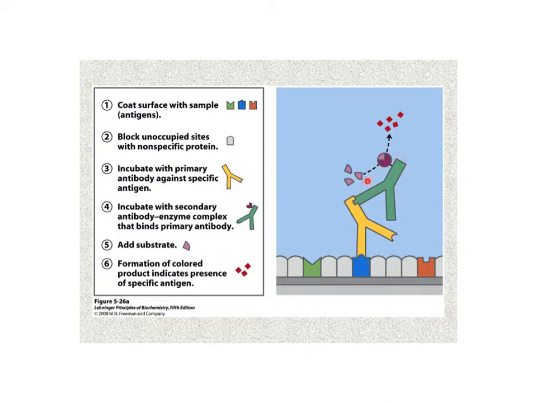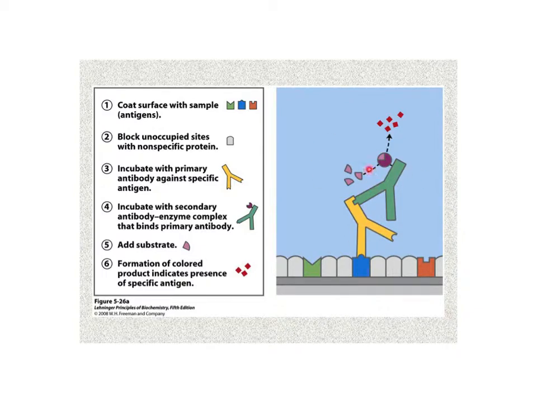Then you add in a secondary antibody that recognizes the first antibody, and this secondary antibody has an enzyme linked to it. The way to determine the concentration of the original epitope is based off how many of the secondary antibodies there are, since they can only bind to the primary antibody, which binds to the epitope itself.